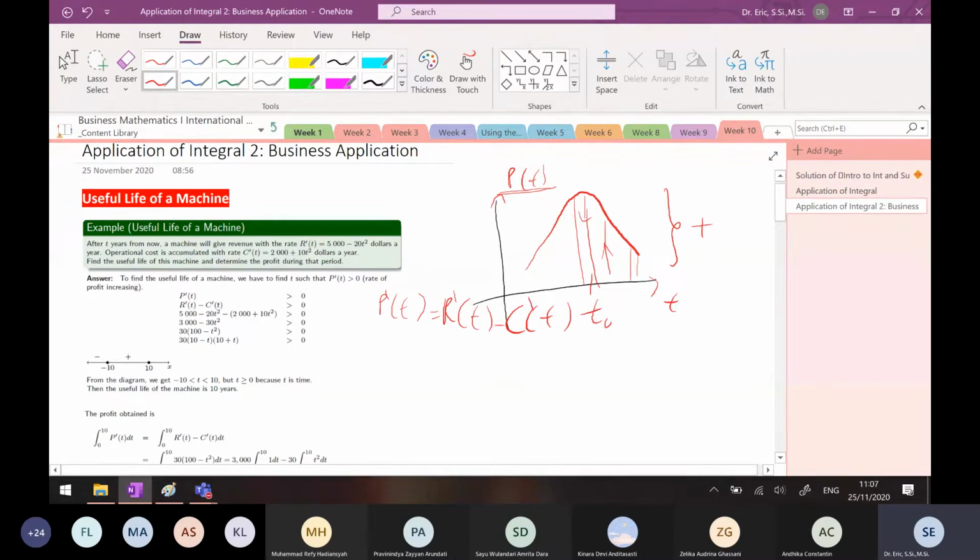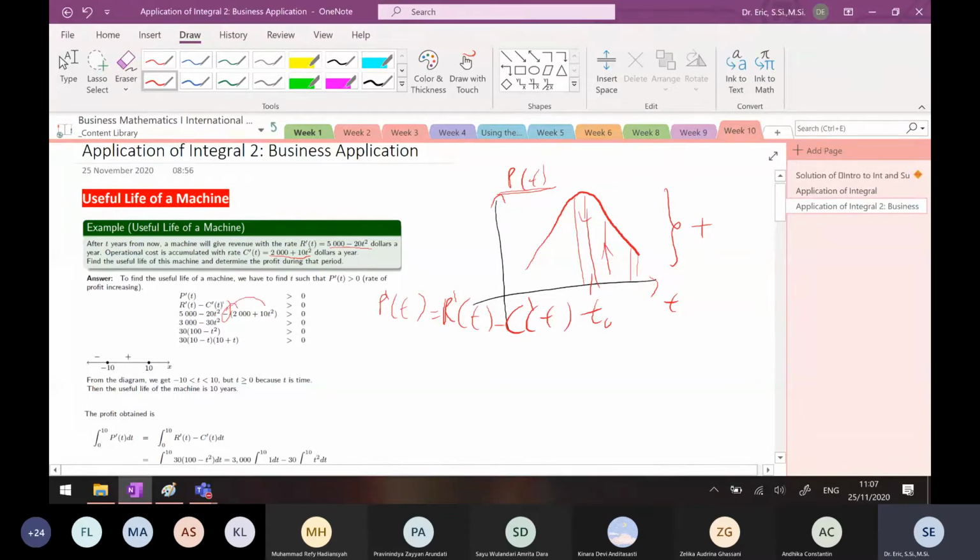So you have R prime t minus C prime t greater than 0, and R prime t I can substitute from this one, minus C prime t. Don't forget to use parentheses if you have a minus. So you multiply it one by one: minus 2000 minus 10t squared.